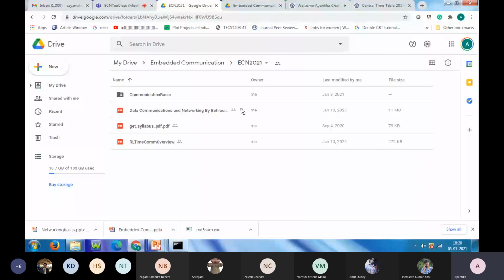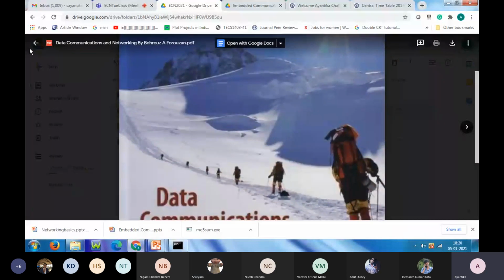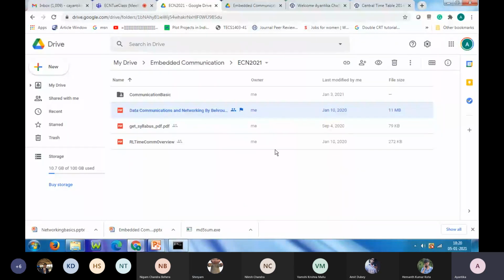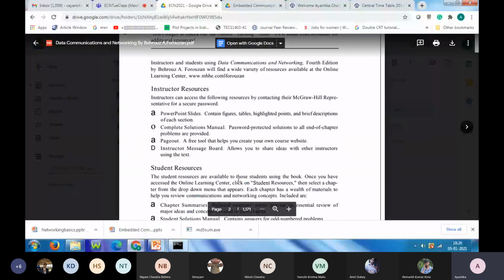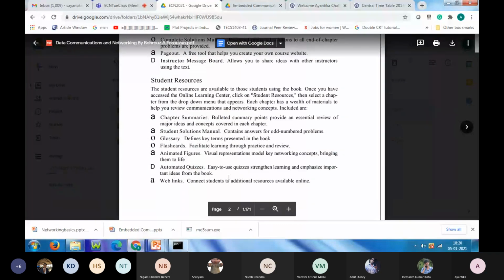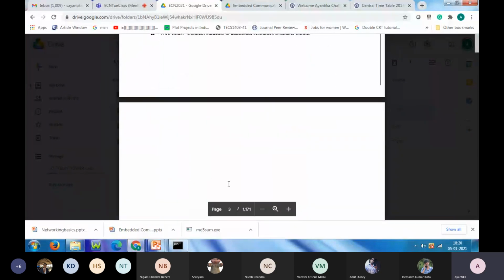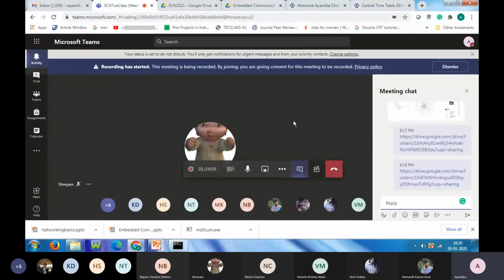What is this flag? Ma'am, Google won't allow abuse of intellectual property shared on its platform. Don't know why. Okay, I will check if I can get the PDF of this book, and I will share it with you.